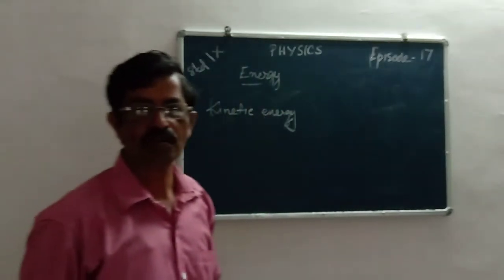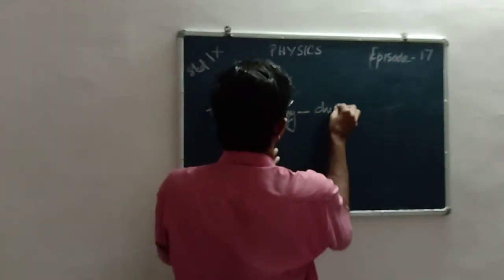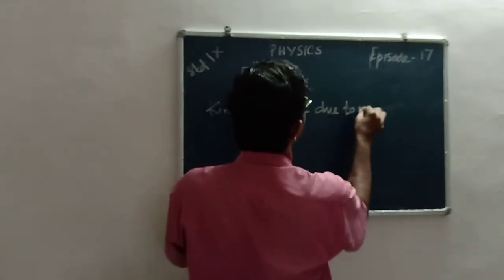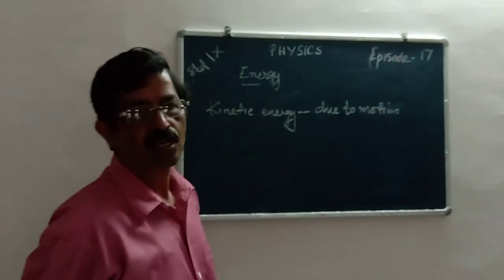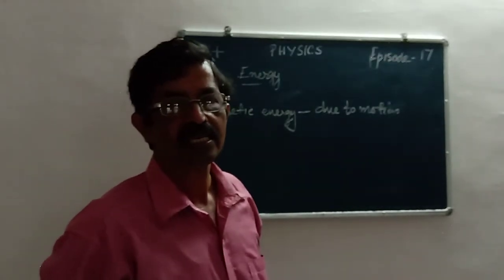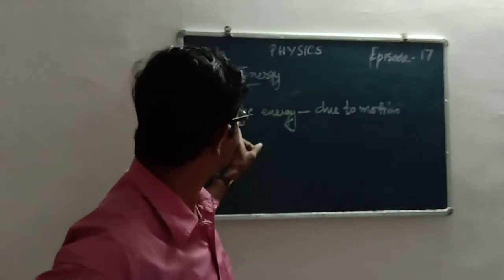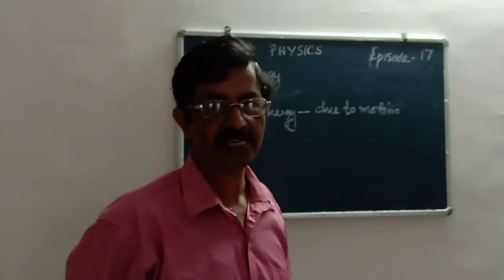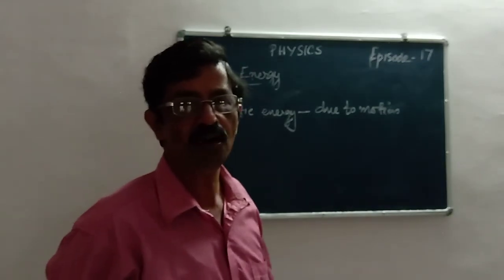Kinetic energy is actually energy due to motion. That means due to the movement of a body it has energy, and such type of energy is called kinetic energy. Kinetic energy is the energy due to motion of an object.